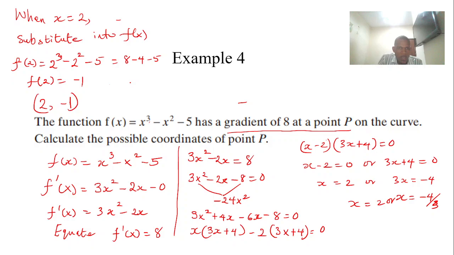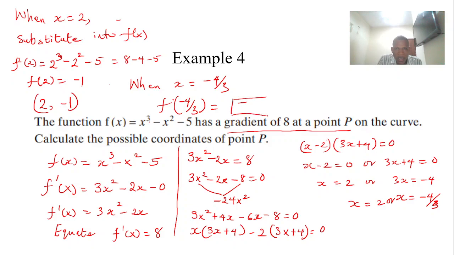Now the same way you have to find the second value of y when x is negative 4 over 3. I will leave that as a task for you. Please do it. Just plug in the value of x into your function. We are looking for f of negative 4 over 3. Please complete it.